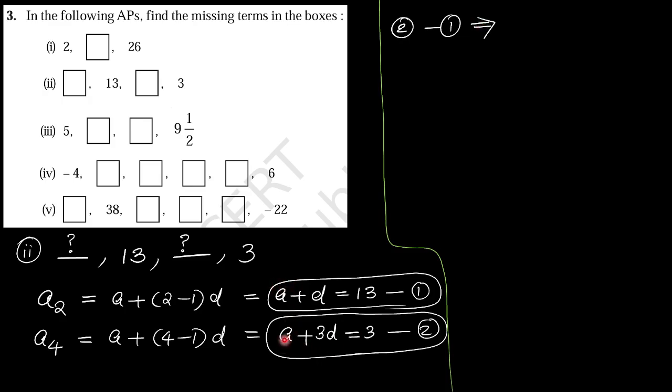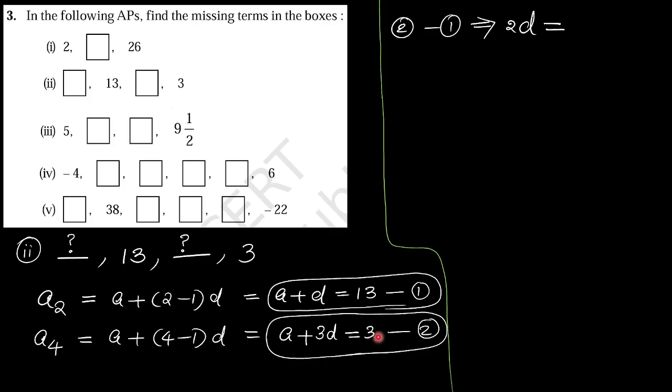Do the subtraction on the left hand side. Second minus first. A minus A cancelled, correct? 3D minus D. If you get the answer, send me the answer through chat message. 3D minus D will be 2D.